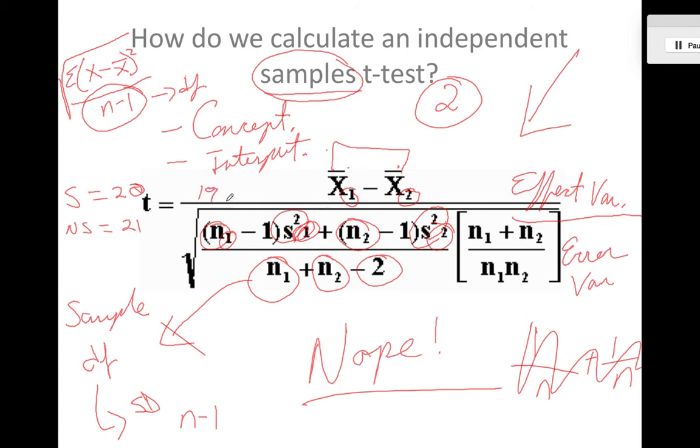For non-smokers, it'll leave me with a value of 20. Right? So n minus 1 for smokers would be 20 minus 1, giving me 19. For non-smokers, n minus 1, 21 minus 1 equals 20. So in this particular case, that would give me degrees of freedom equal to 39.